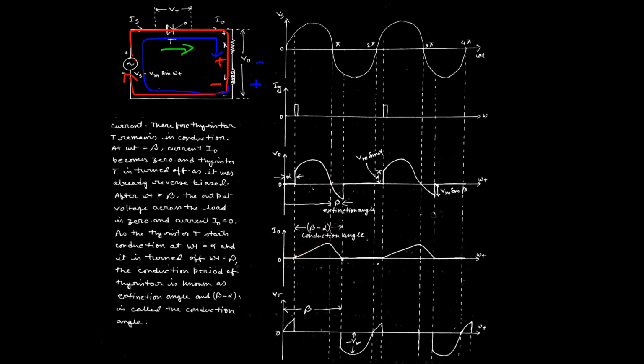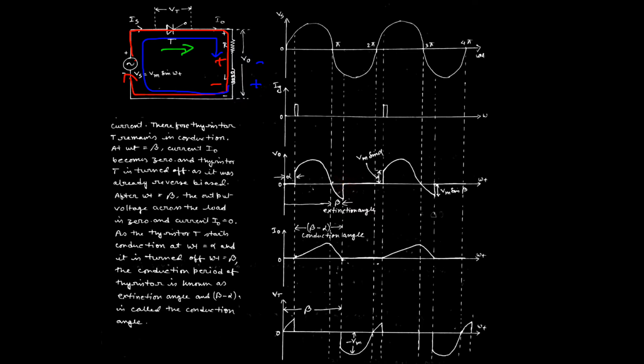After that, when the supply voltage goes negative, still due to the discharging current of the inductor, the charging current and discharging current are both the same, that is why the thyristor is still in working or conducting state. Similarly, the total load voltage will be followed by the supply voltage up to this point where the inductor is completely discharged.